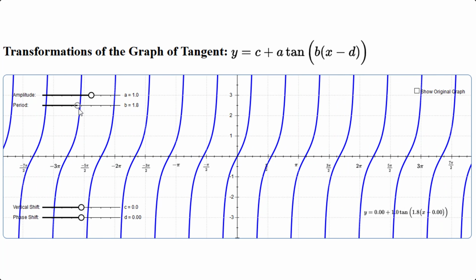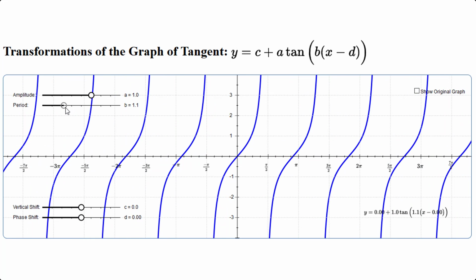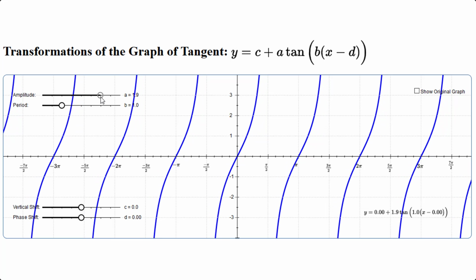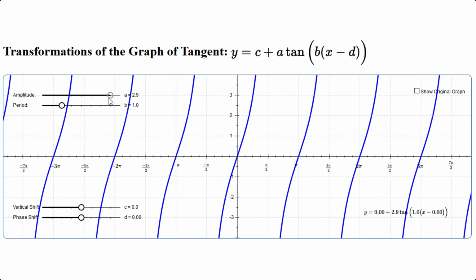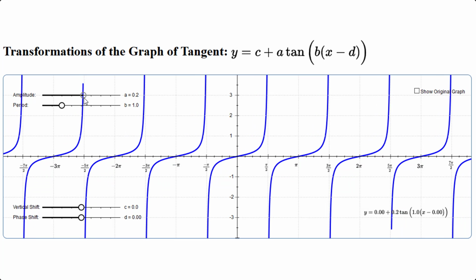So if I change the period to 2, so I have a multiplier of 2 on my tangent, it's going to complete the cycle in half the time. So starting from 0, if you go up to pi over 2 instead of pi, the cycle is completed. And if you change your amplitude, it's really just how stretched out that curve is in the middle that really gets affected.